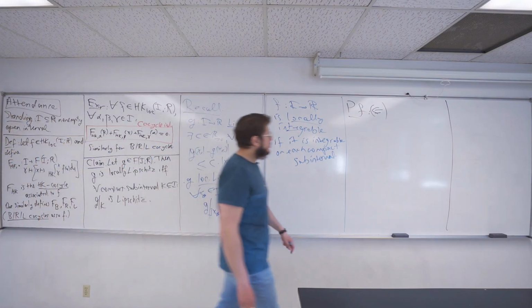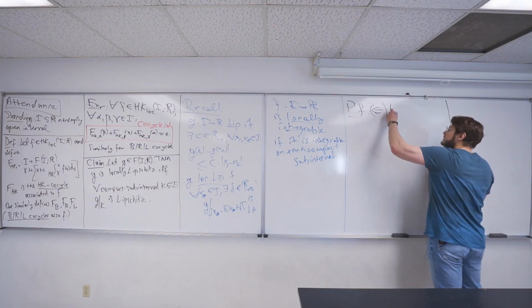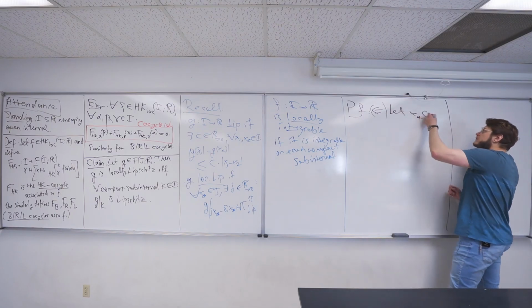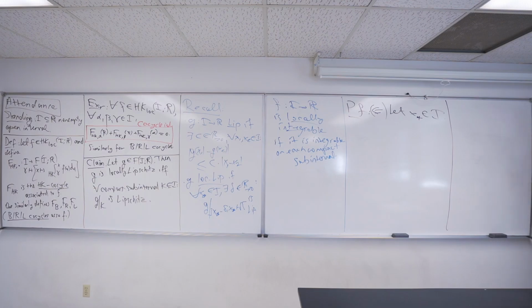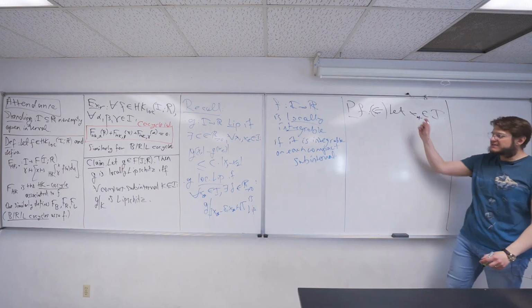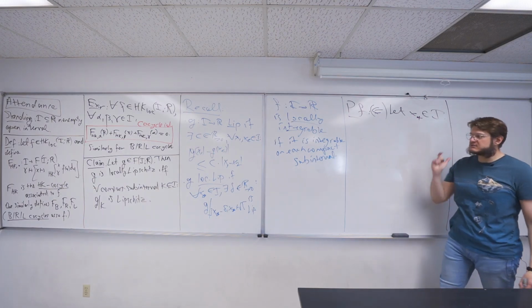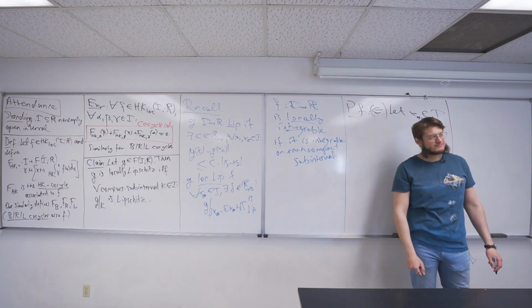So I need to let a point x star in I. I need to show that this x star has some neighborhood such that on it, g is Lipschitz.